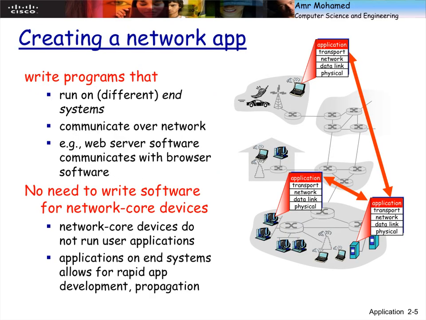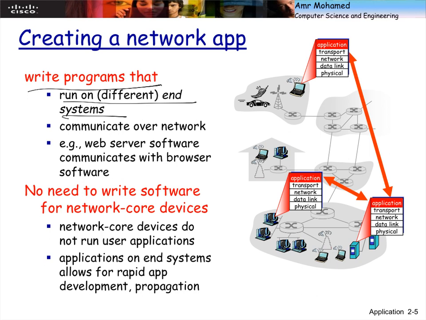We're not going to go through all these applications. We need to discuss some architectures, some application-level architectures. Usually developers write programs that run on different end systems, like FTP.